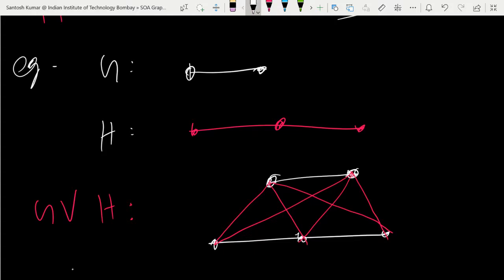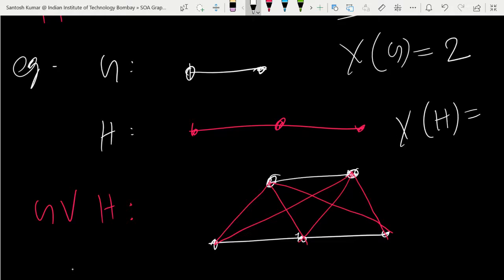Let us discuss the chromatic number. What is the chromatic number of G? It is 2, correct. Chromatic number of H? It is again 2, yes. Like 1, 2, 1.